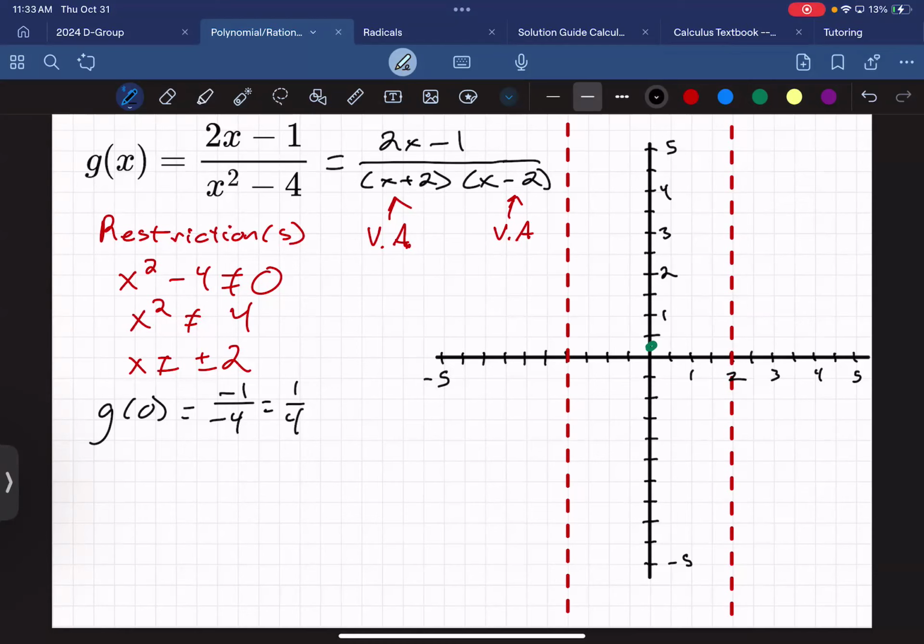So what should I go look for next? My x-intercepts, right? Which is setting the whole thing equal to 0. Just remember here though, that you only want the numerator.